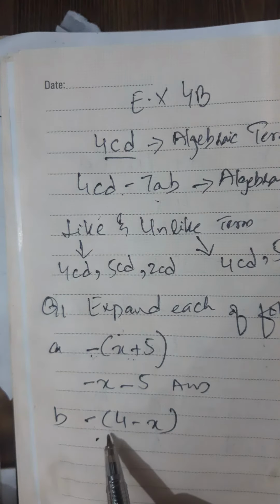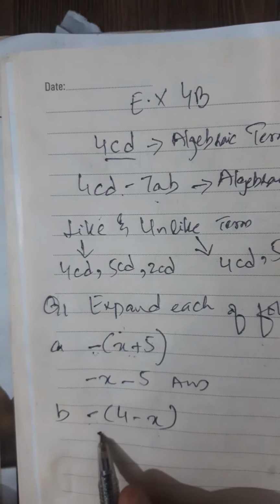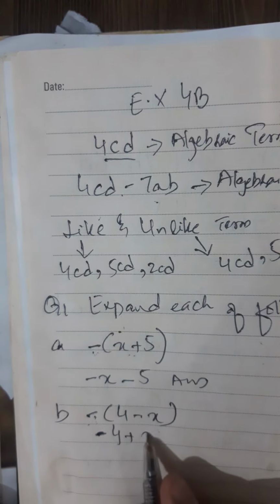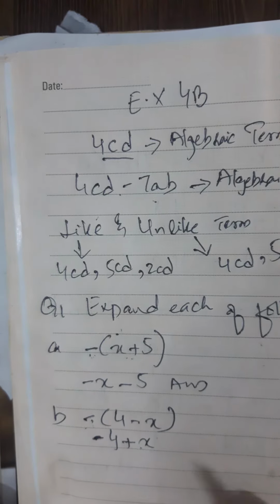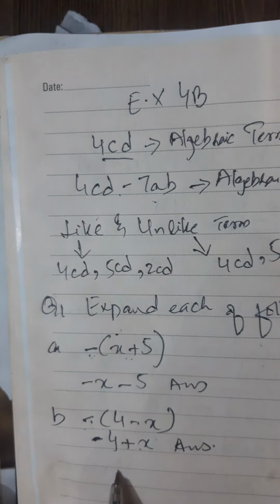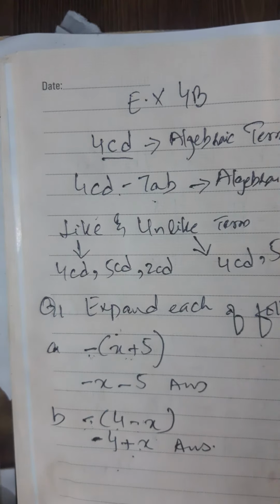This minus sign will multiply with this: minus 4, minus minus plus x. As they are not like terms, they cannot be further solved, and this is the answer. When the sign is multiplied with 4, it will be minus 4. When it multiplies with minus x, minus minus will be plus, and plus x.